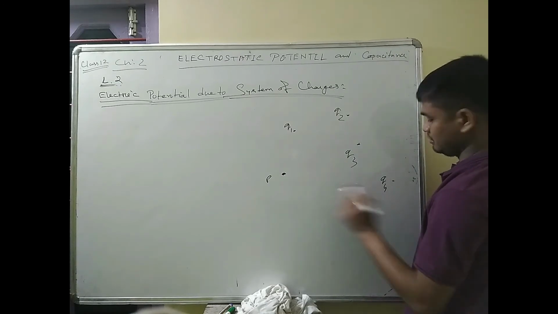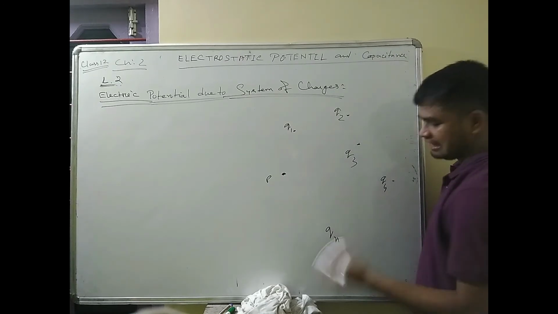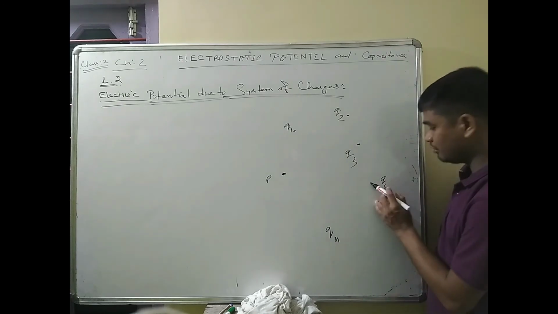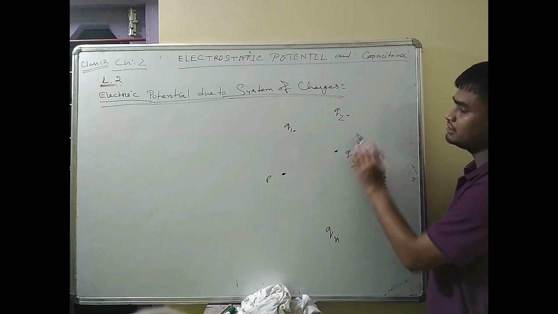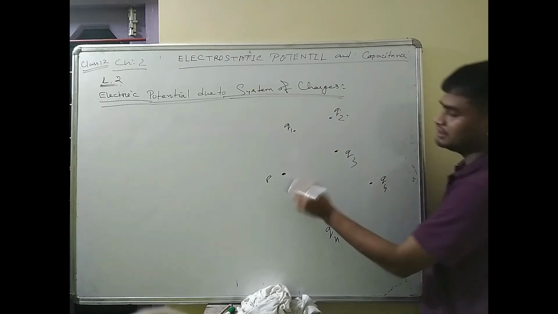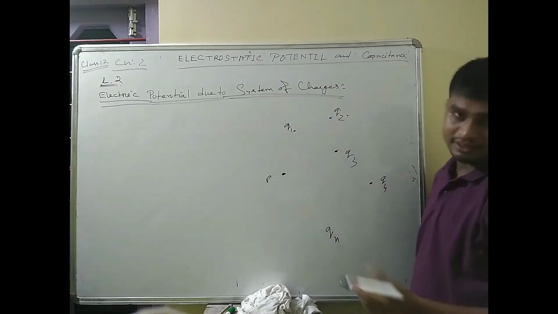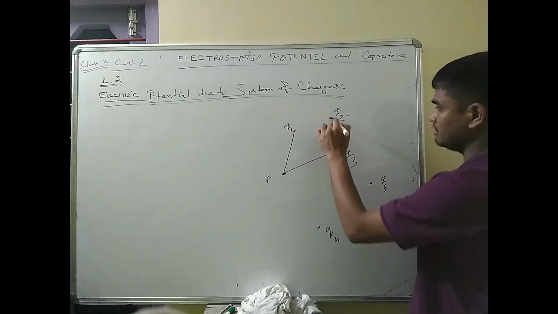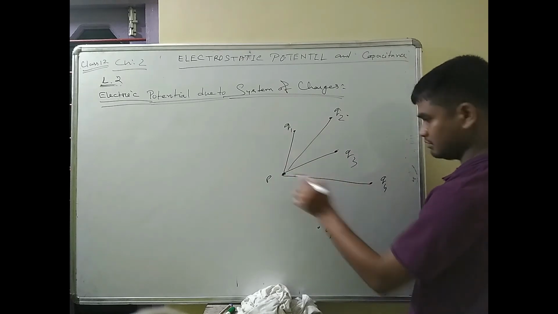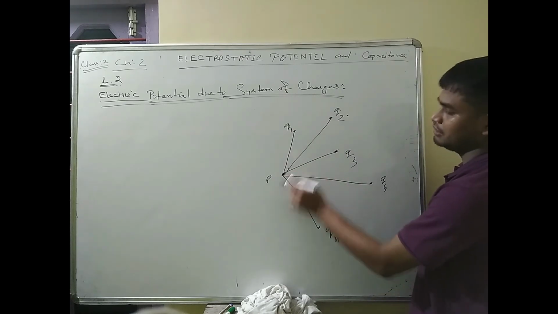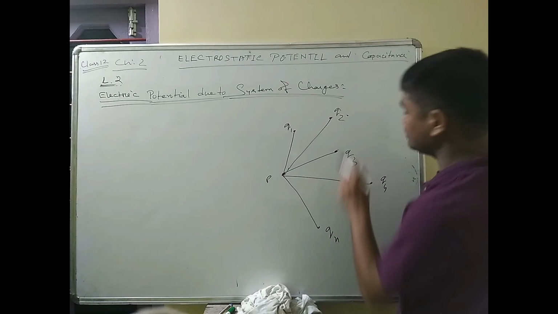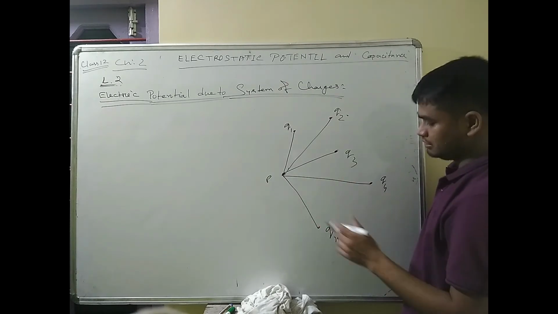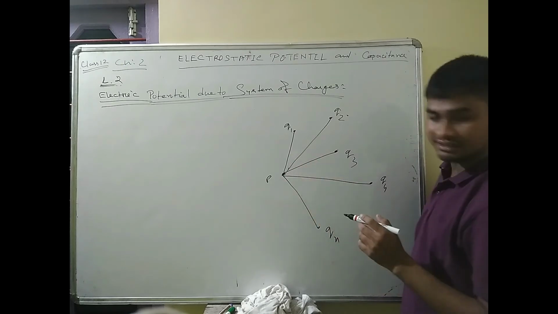There are n number of charges, and P is the point where we have to find the electric potential.